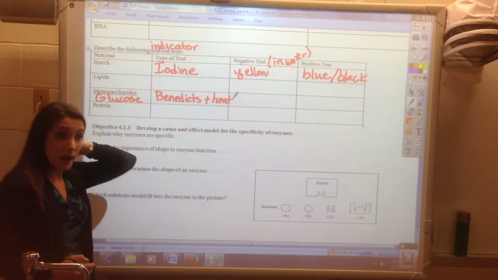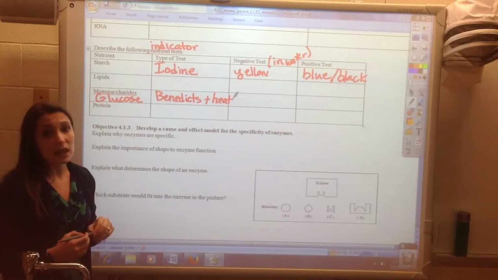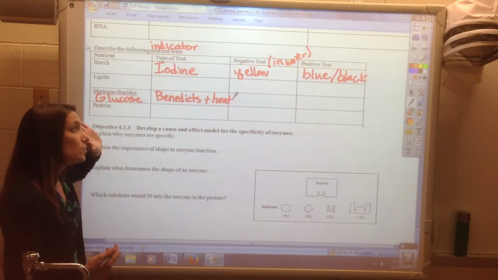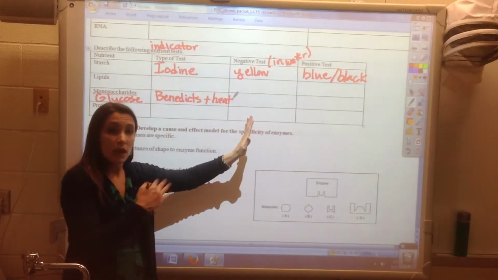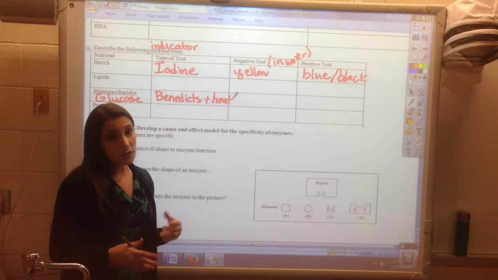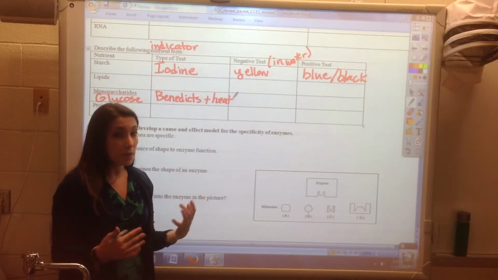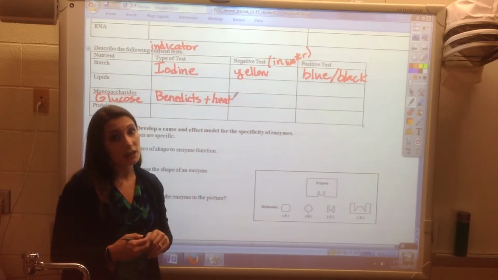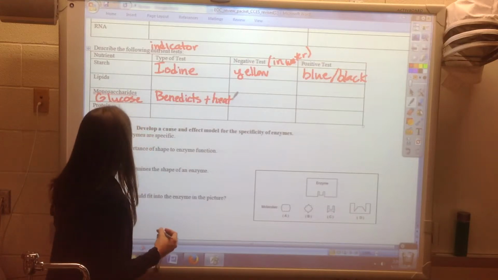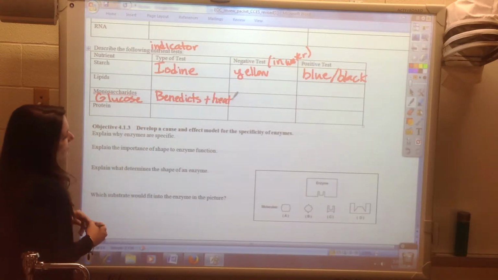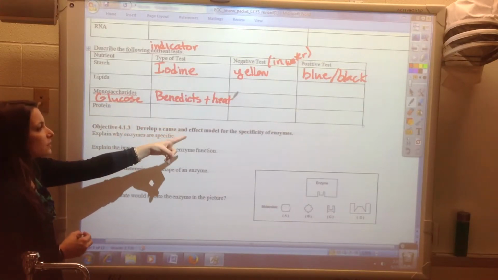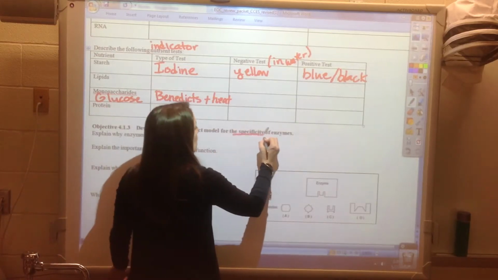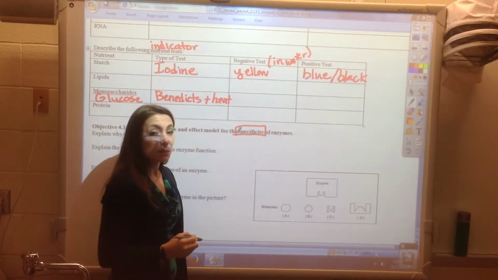So you do want to go back and look at each of these indicator tests. Now for some of you, you might want to pause the video now and look it up in your notes. Others of you might want to let the video keep playing and then go back and find it. That's up to you.